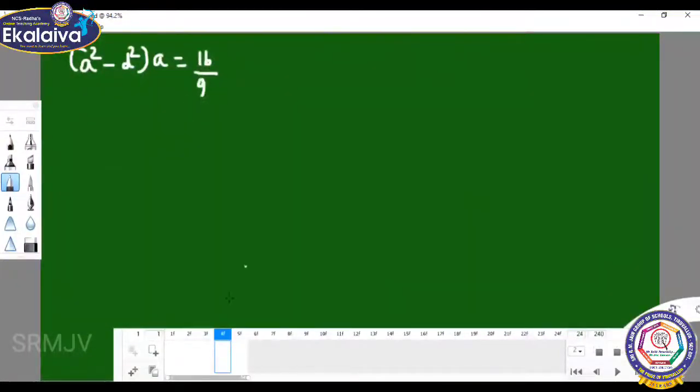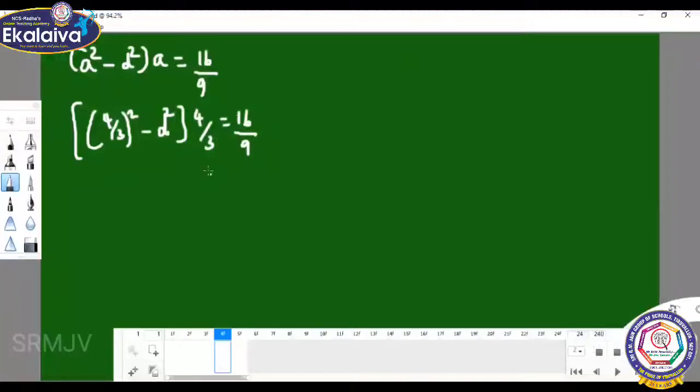But you know the value of A. What is the value of A? A equal to 4 by 3. Substitute A equal to 4 by 3 here. So 4 by 3 the whole square minus D square into 4 by 3 equal to 16 by 9.